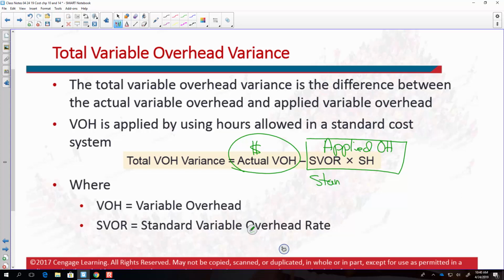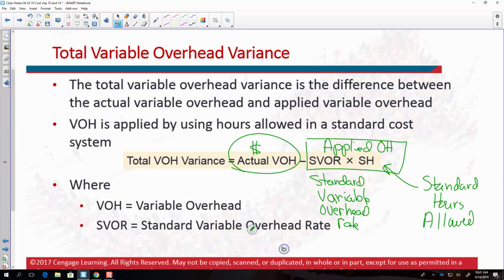That is the standard variable overhead rate. SH is going to be the standard hours allowed. Just like we had when we talked about direct labor, that SH and this SH are the same thing. Standard hours allowed.